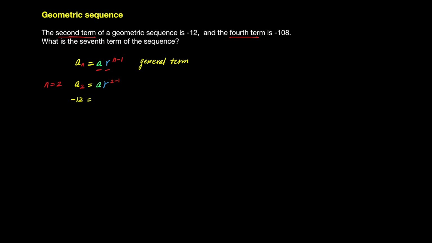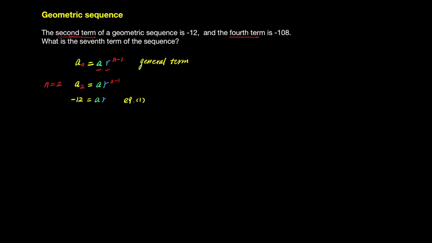Then on the right side of this equation, we have a r to the power of 2 minus 1, which is to the power of 1. r to the power of 1 is just r, so we can erase this 1 here. So we get our first equation, minus 12 equals a r. But we can't solve two unknowns with only one equation.